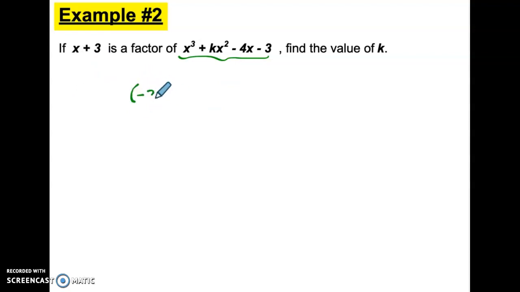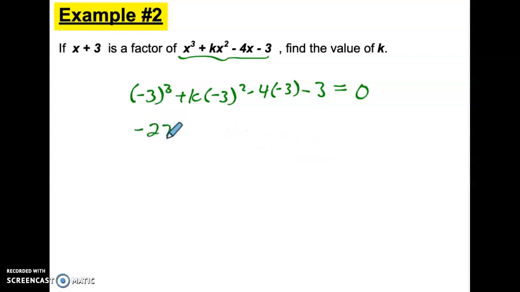So I'm going to plug a -3 in, and I'm going to set it equal to 0, and figure out what k value would make that true.